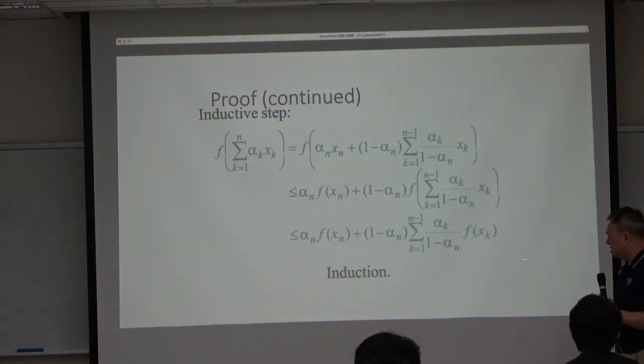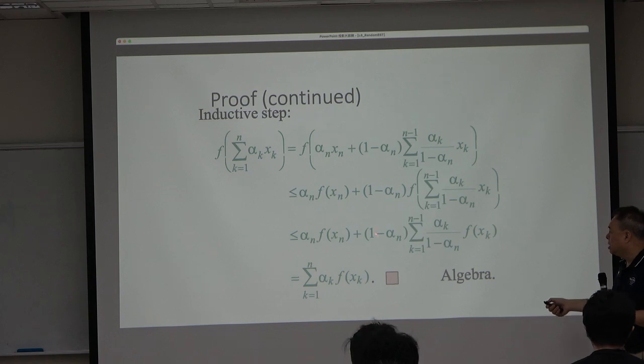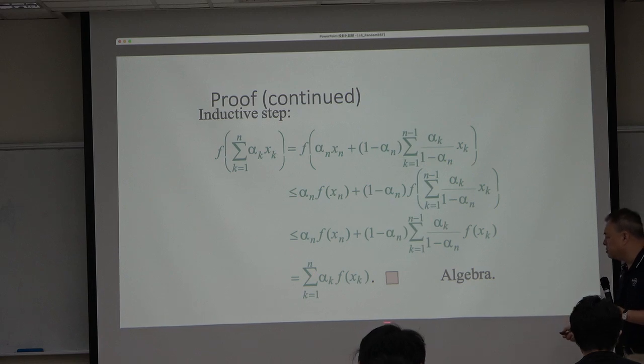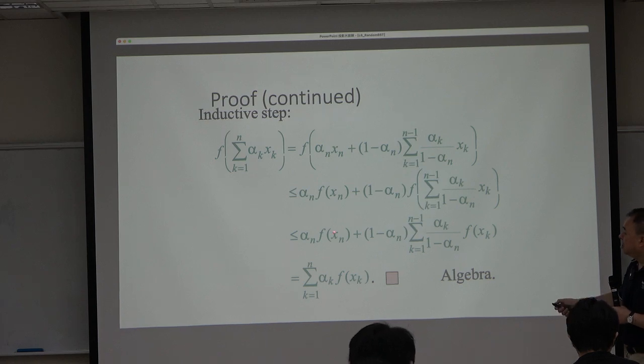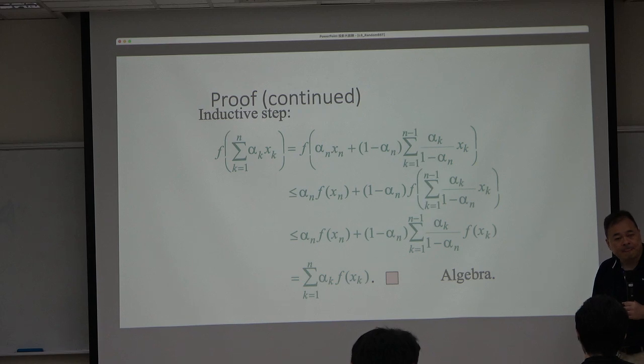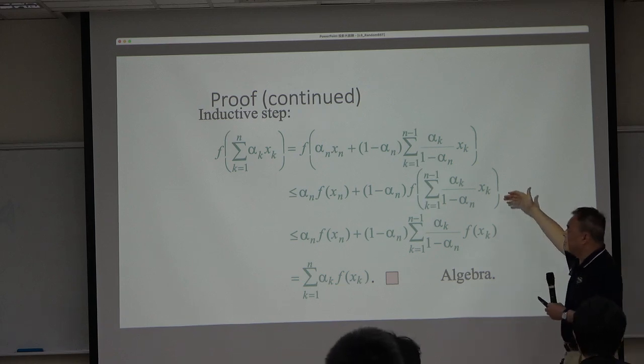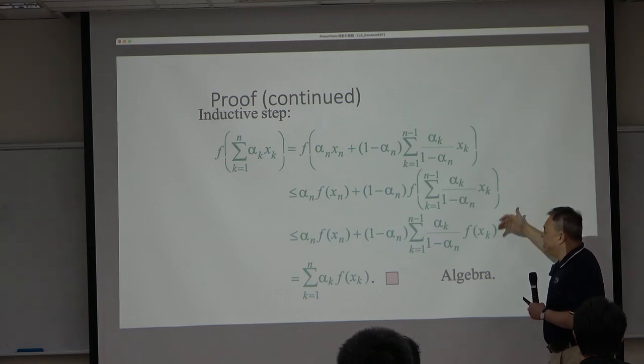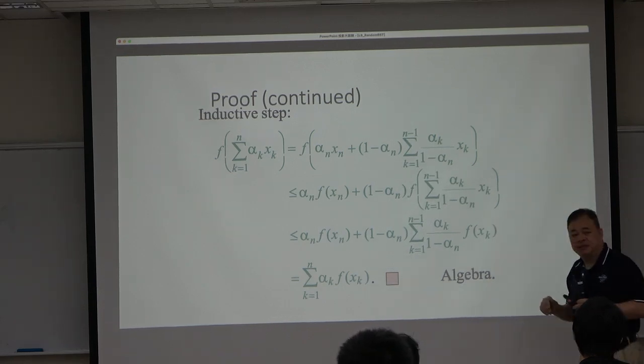Then we multiply this back, and put everything together to become this one. This is simple algebra. So this is smaller or equal to this one, and in the process we applied the convex property and the induction hypothesis.